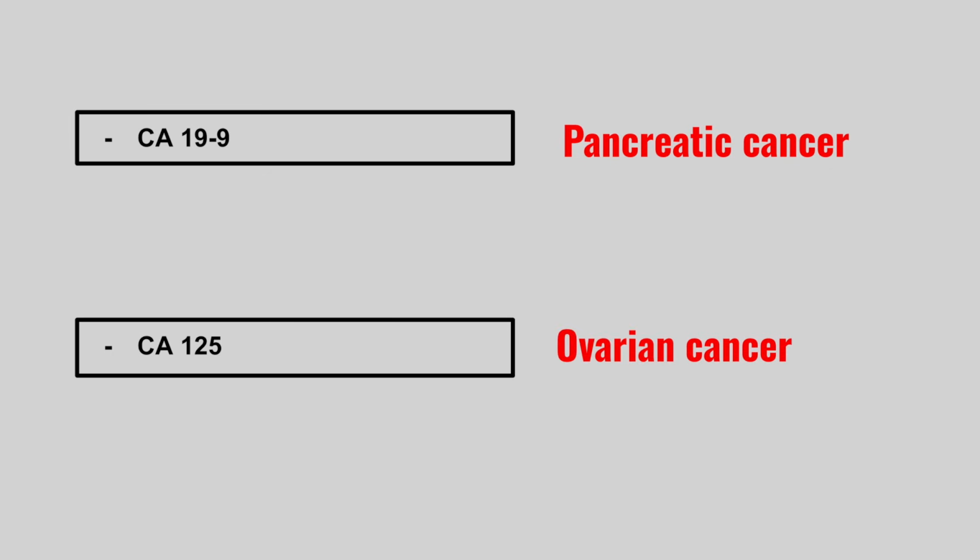Next, we have CA19-9. This is pancreatic cancer. Next is CA125. This is ovarian cancer.